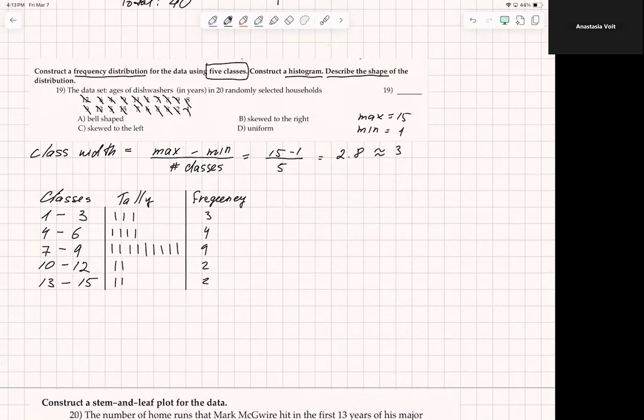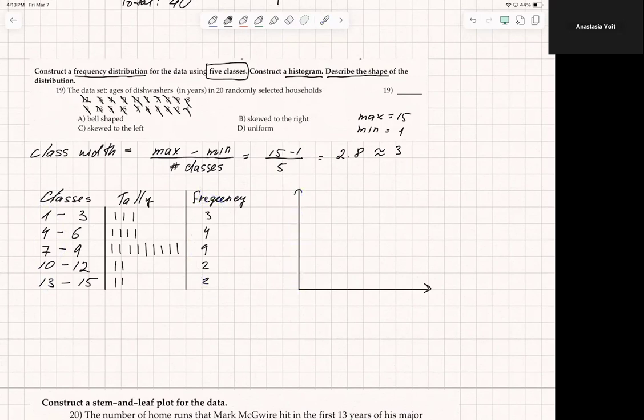Yeah, all 20. Nice. Okay, so now from here, we will construct the histogram. Our x-axis will be the class's lower limits in this case, and the y-axis, or the vertical line, would be the frequencies.